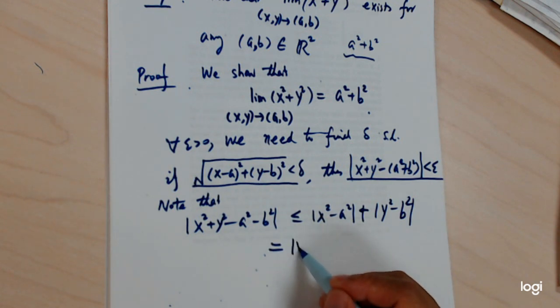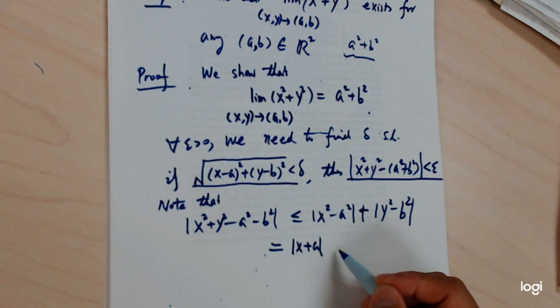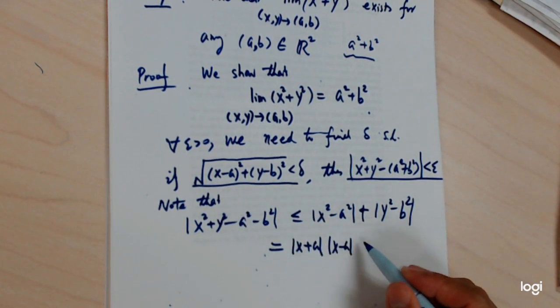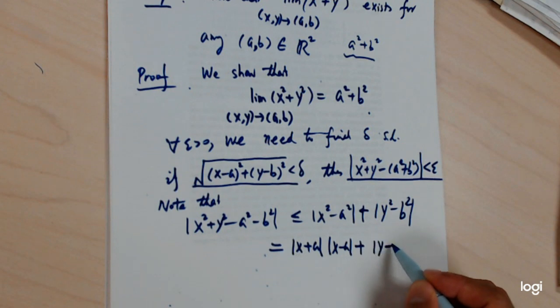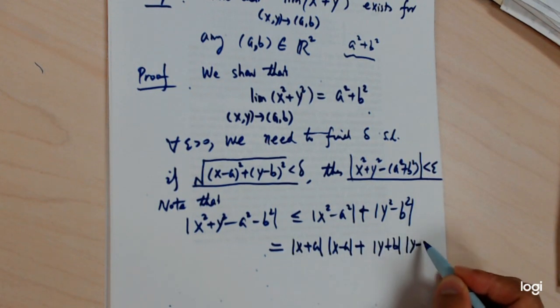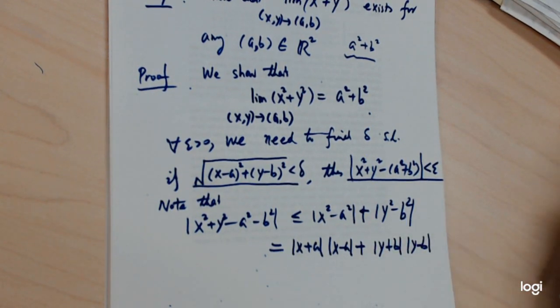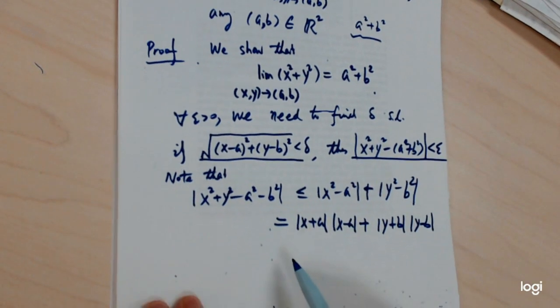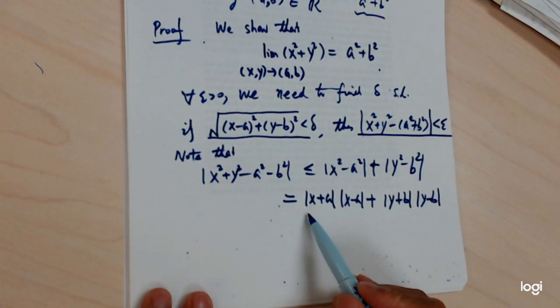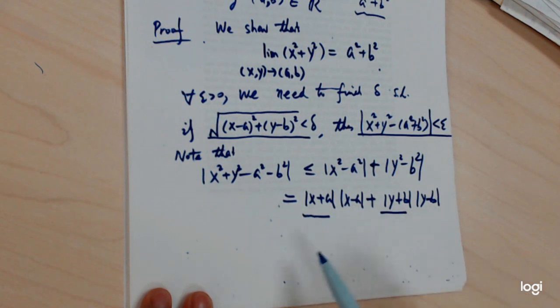Factor this out: I have x plus a, x minus a, which is what we saw here, and y plus b, y minus b. So if you recall, I need to get some estimate on those two terms.